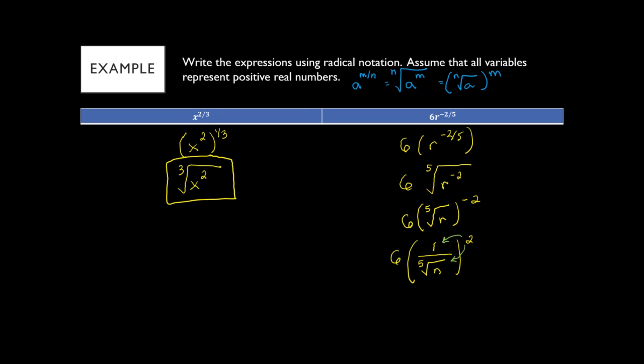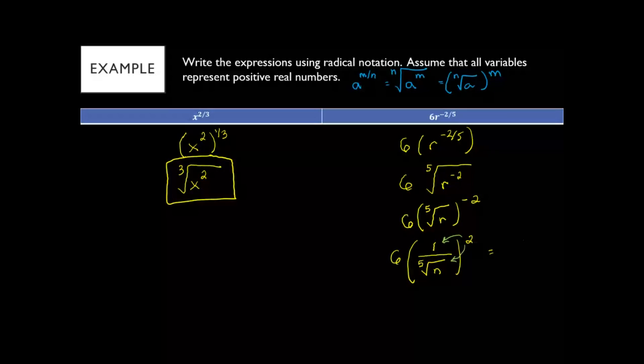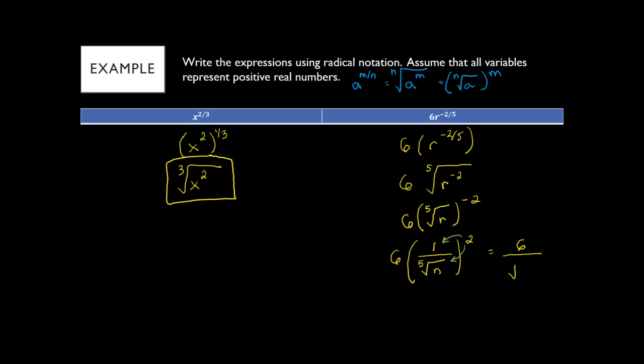And so this allows me to write this as a single fraction with 6 on top. I have my 5th root of r, oops, I wrote n instead of r, r. And then the exponent of 2 right there. So, because 1 squared is 1, and then I have 6 times that. So that's how I got 6 on top.